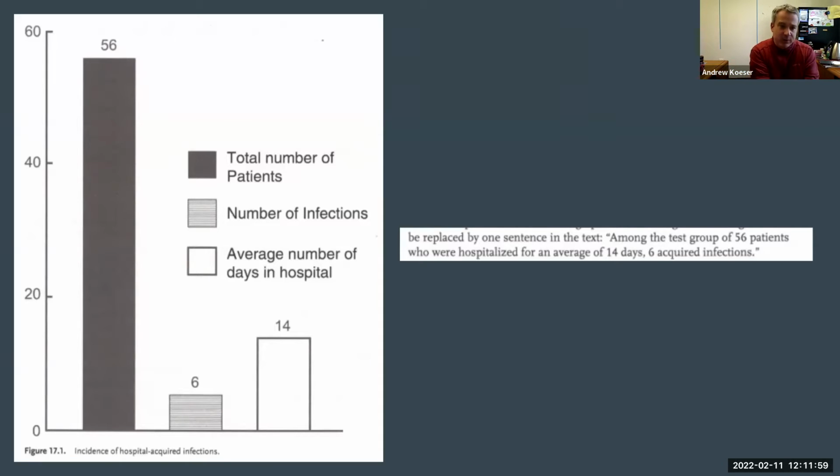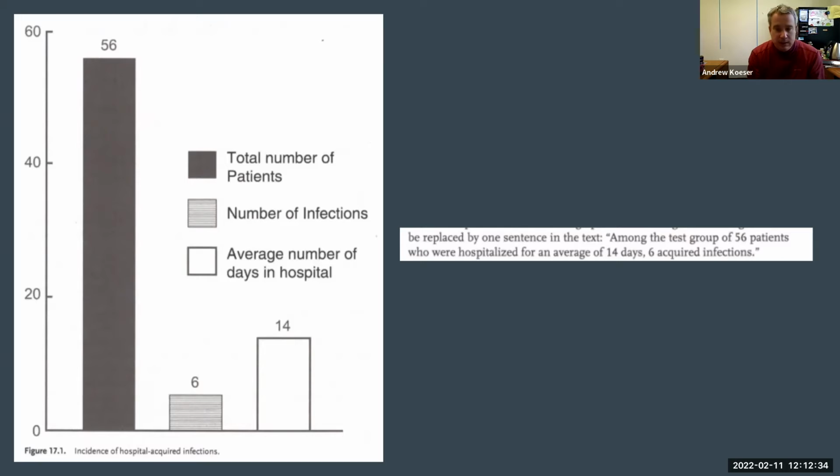The second chapter that we had was on figures. Just like you have tables that can use a lot of space to show one sentence's worth of data, you can play that same trick with your figures. So in this case, there's a nice bar chart here, taking up a lot of space, and it's showing you essentially that of the 56 patients that were in the study, there was an average hospitalization rate of 14 days and 6 acquired infections.